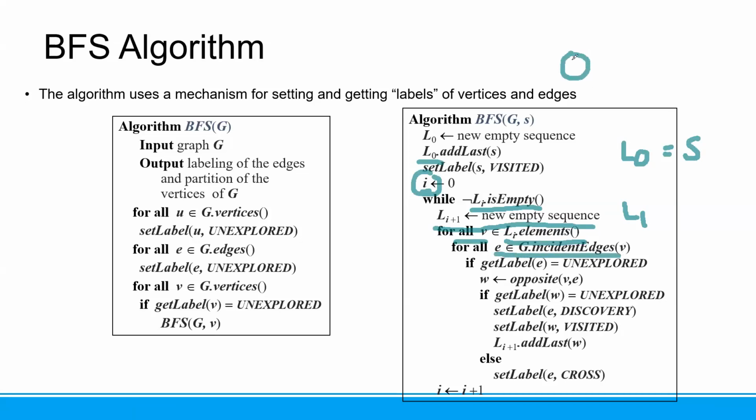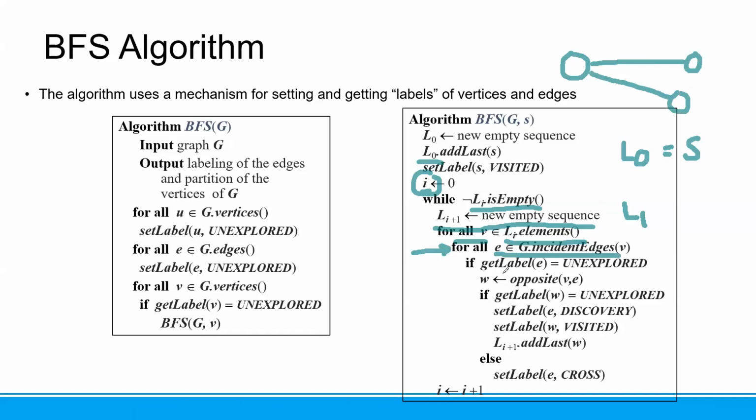If we have a node or a vertex, the incident edges are the edges connected to this node. If we have another edge, then it is another incident edge, and there will be many incident edges.